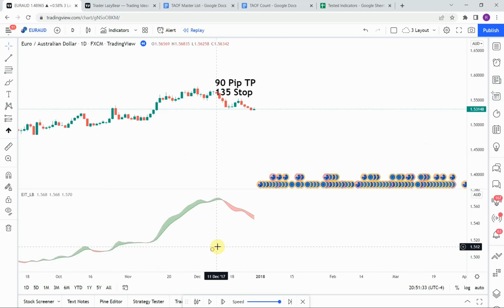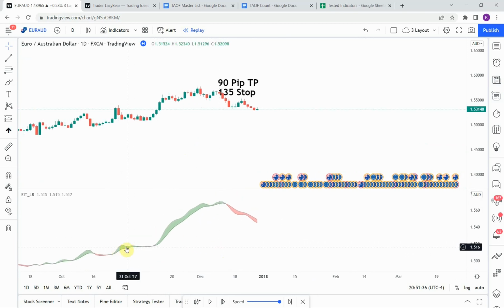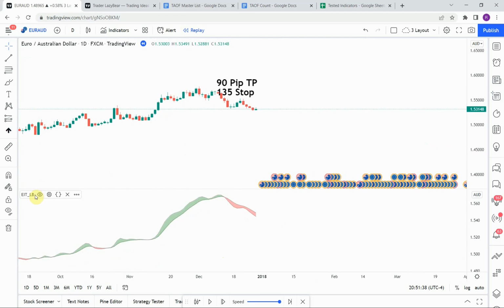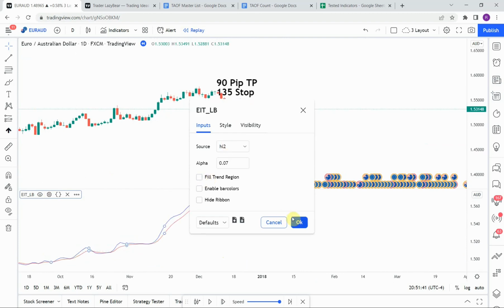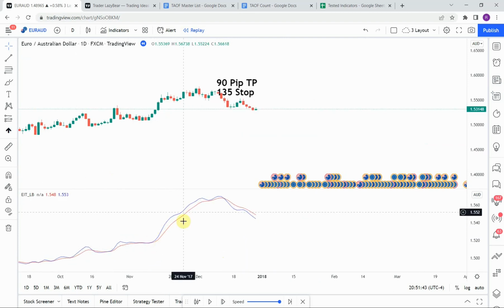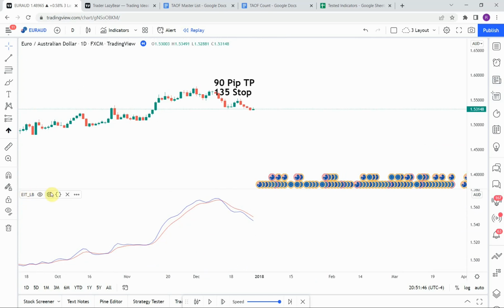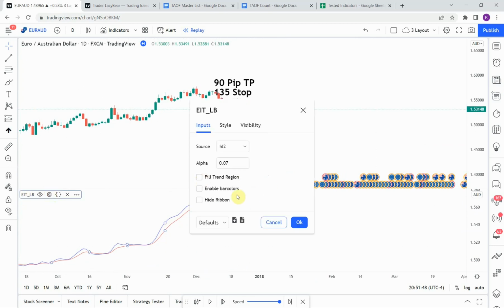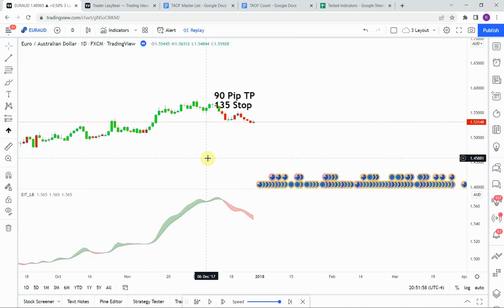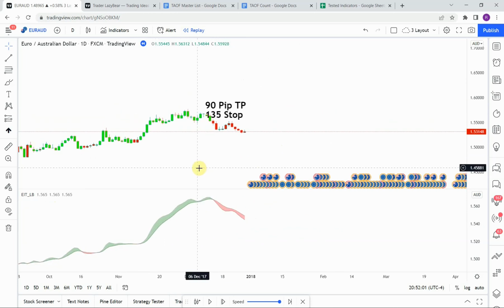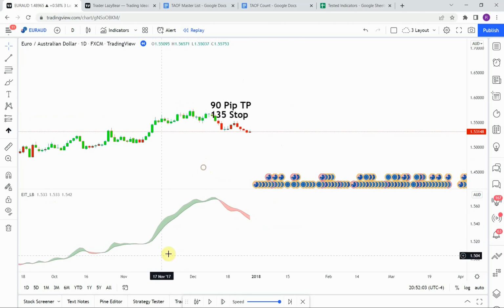Really, it is going to be a series of two different lines like this here. I also went in and did the fill trend region right there, and maybe it'd be nice to have the bar coloration on as well. I know that the bar coloration can be a little annoying sometimes, but with indicators like this, it can be useful to have a bar coloration. And so we'll go ahead and turn it on.